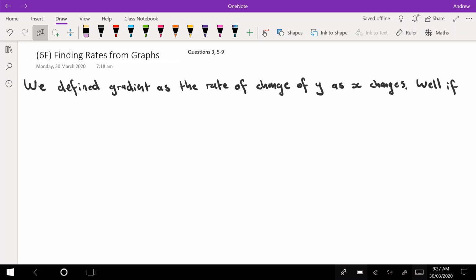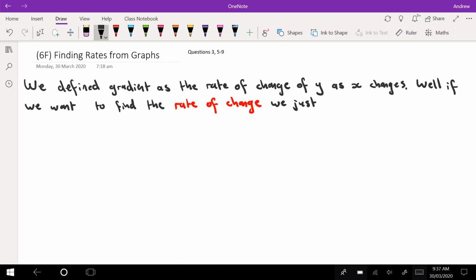Well, if we want to try and find the rate of change of a line, we just have to look at how steep the line is.